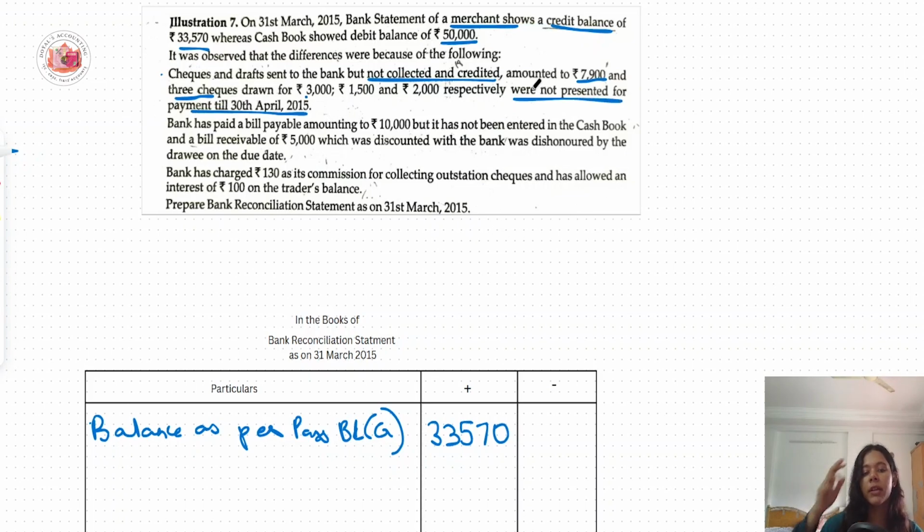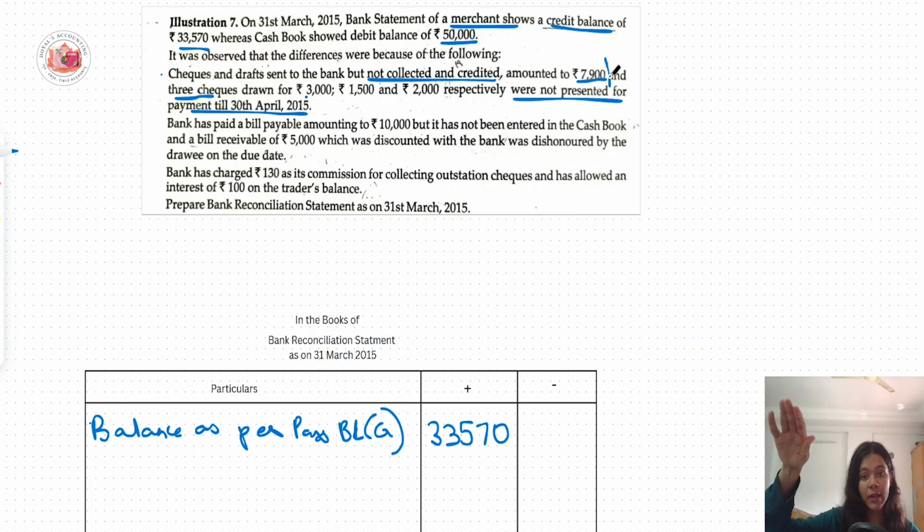Okay, so there are two separate cases in this. Let's break this down. So checks and drafts were sent to the bank but were not collected and credited. So what does that mean? Suppose in our cash book we have recorded that we have collected 7,900 rupees in checks. But in my passbook that amount has not yet been credited. What does this mean?